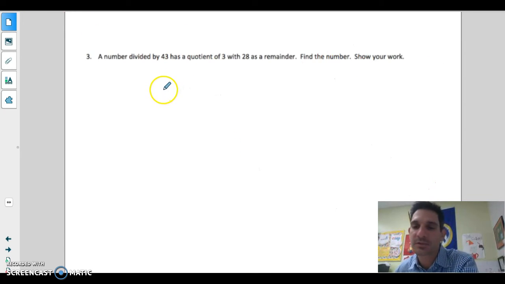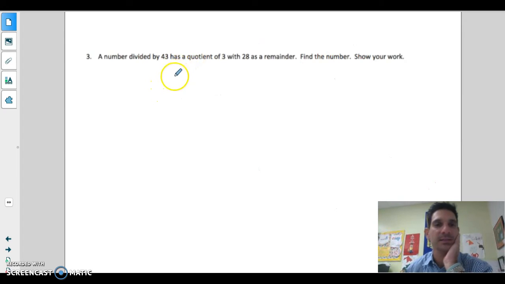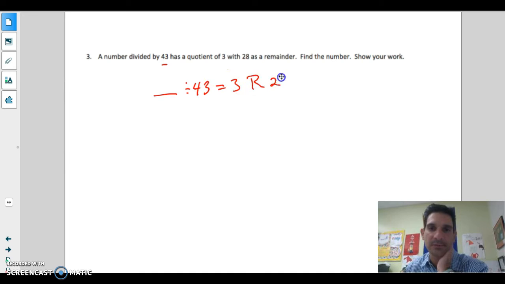We saw something similar in lesson 19. It says a number divided by 43 has a quotient of 3 with the remainder 28. Find the number, show your work. So some number divided by 43 equals 3 with the remainder of 28. Remember, what we do with multiplication is the inverse, so we have to do the opposite.